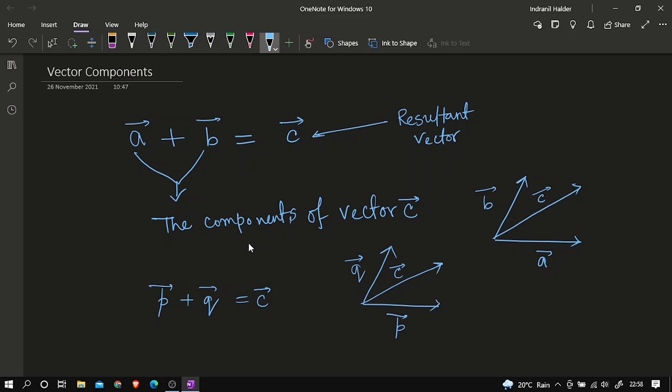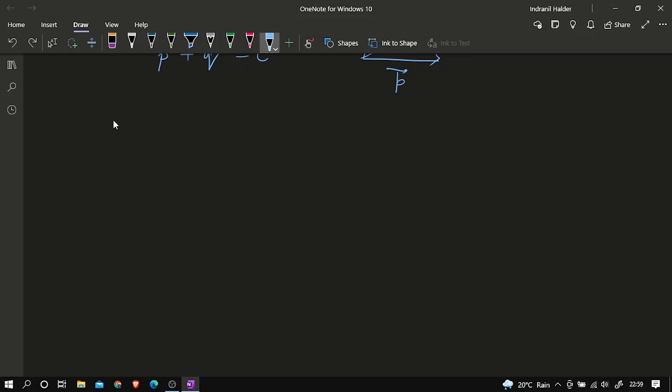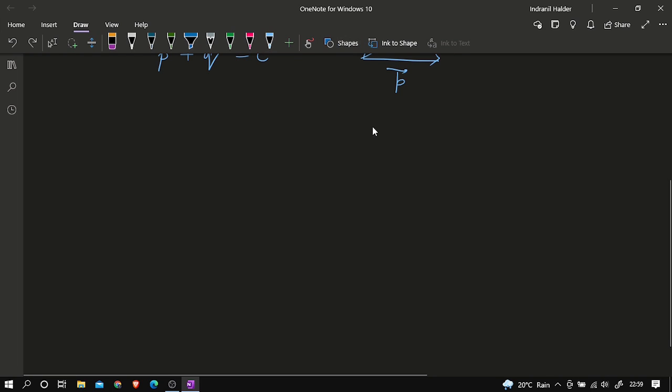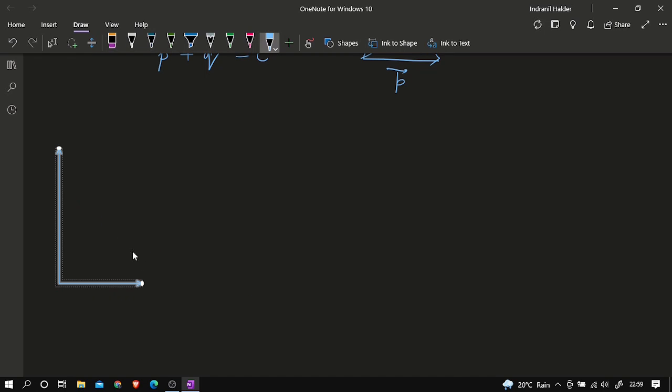So why do we need that? Why should we care? Because, this is a Cartesian coordinate system, this is the x-axis and this is the y-axis, and if we want to construct a vector in this Cartesian coordinate system, suppose the vector is this one.